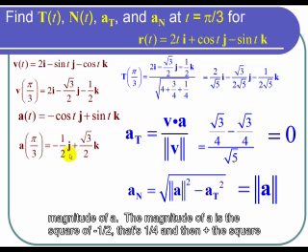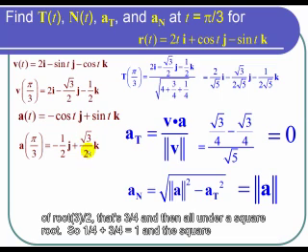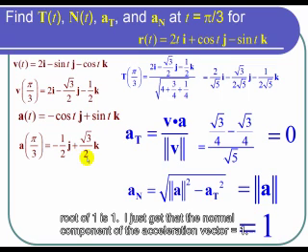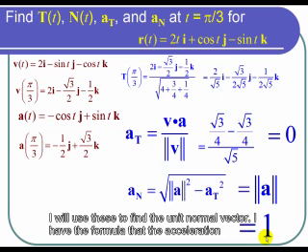But the magnitude of a, that's just the square of negative 1/2, that's 1/4, and then plus the square of root 3 over 2, that's 3/4, and then all under a square root. So 1/4 plus 3/4 is 1, and the square root of 1 is 1. So I just get that the normal component of the acceleration vector is equal to 1.